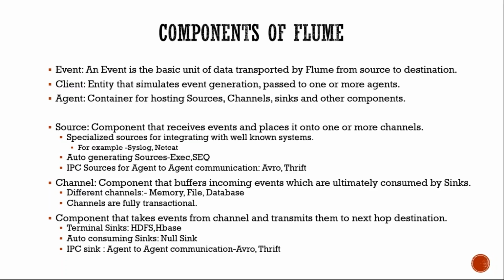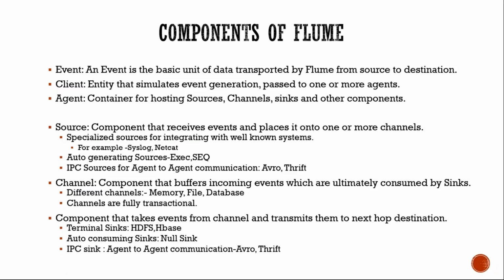Next one is the channel. As I was saying, it is an intermediate buffer layer between your source and sink, and it is used for buffering the data which flows through the source and then slowly sending it to the sink. The different types of channels are memory, file, and database.